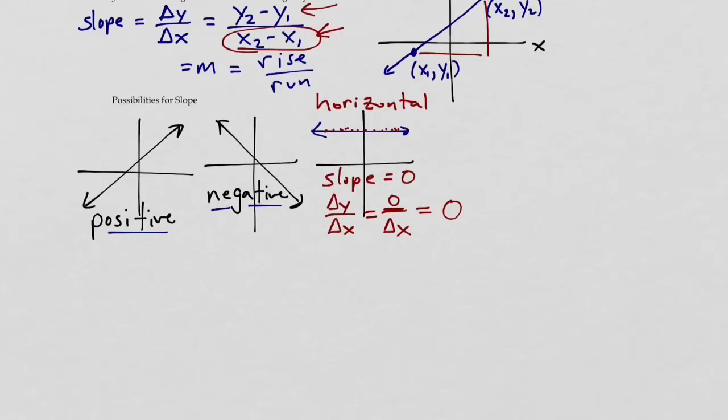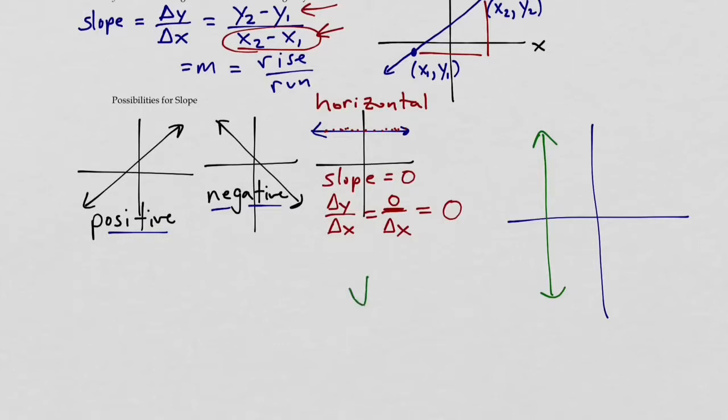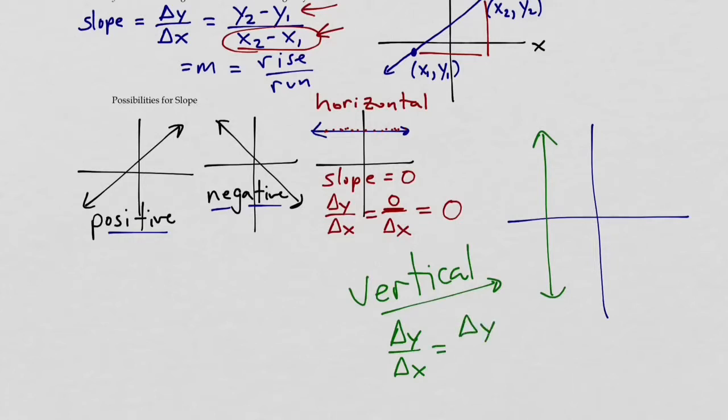Now there's one more possibility for slope that we need to consider. If a line goes straight up and down, which means that the x-coordinate never changes, we call it a vertical line. And in this case, the slope is undefined. Because if you think about, again, our formula for slope, delta y over delta x, the change in y divided by the change in x, in this case, the y-coordinates can change, but the x-coordinates never change.